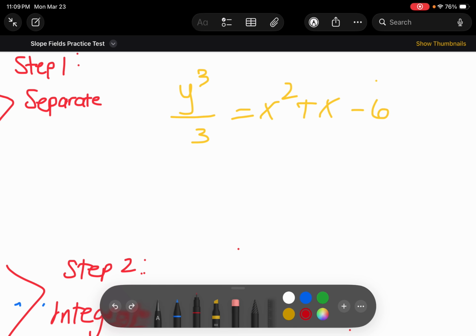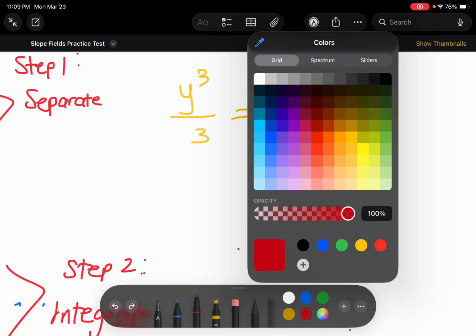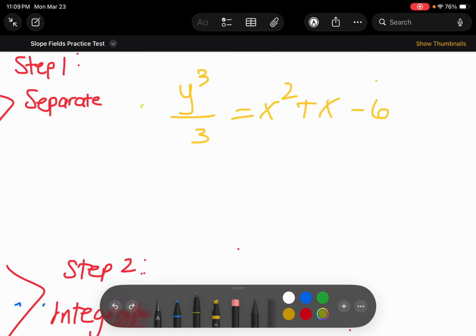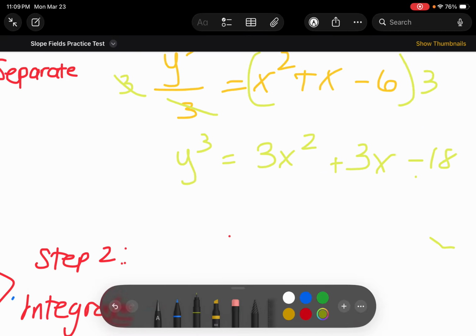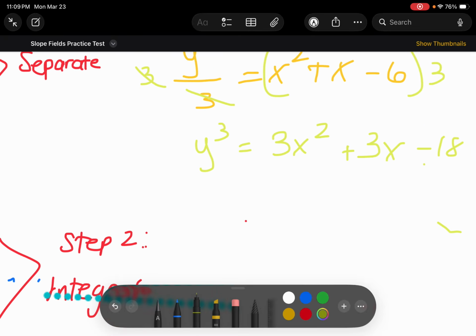Actually, I'm not going to use red. Let's use a better color. Let's use this. 3. Those cancel out. And then it's going to be y cubed equals 3x squared plus 3x minus 18, which we just foiled. And then now we're going to find the cube root.